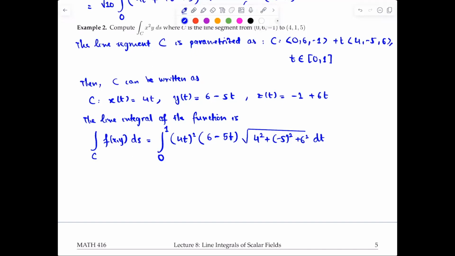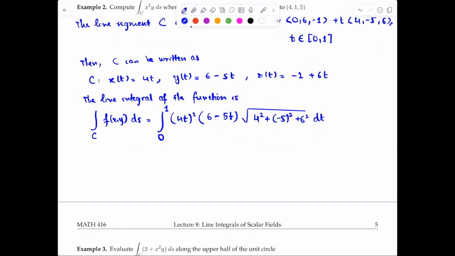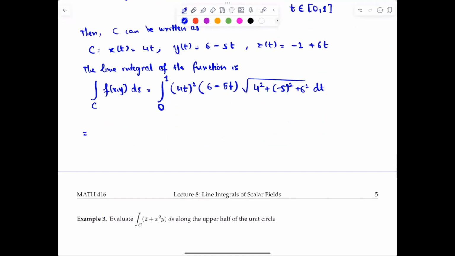Again, I care about the setup more than the results. But if we do the calculations out in detail, we should have the integral from 0 to 1 of 96t squared minus 80t cubed times the square root of 77 dt. And the result is 12 times root 77.